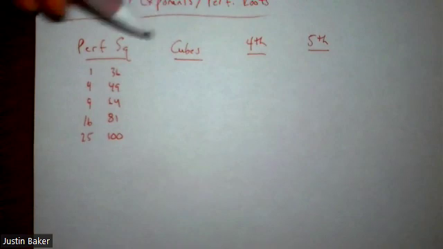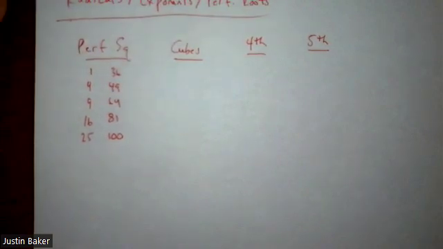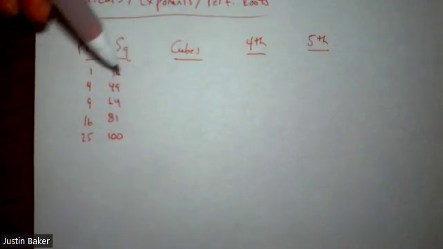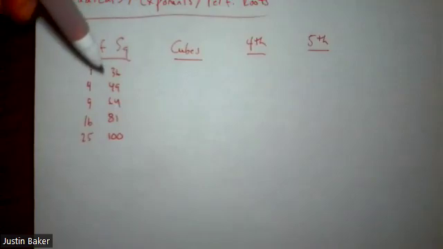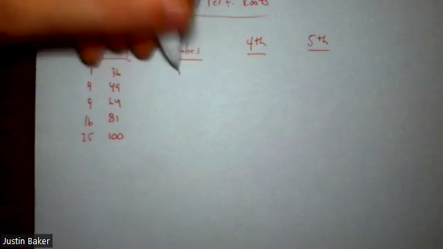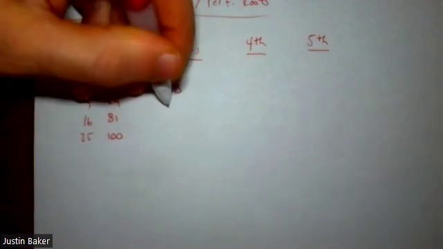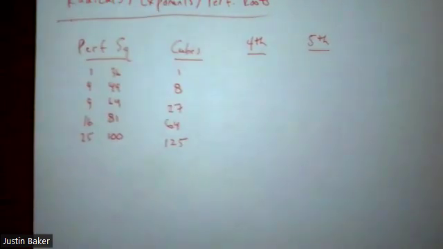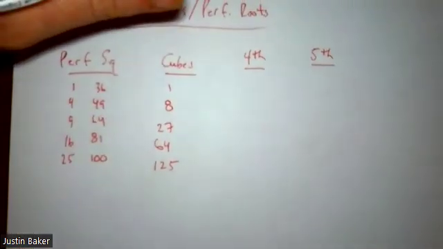Something to take note of in calculus is that a lot of this is going to be without a calculator. So you have to be able to work with these numbers fairly quickly and be familiar with them. When we're talking about cubes, we have 1, 8, 27, 64, 125, and so on. A cube is a number times itself three times.